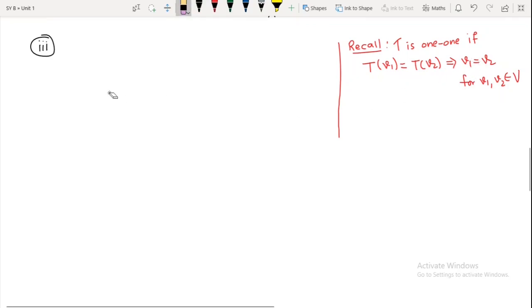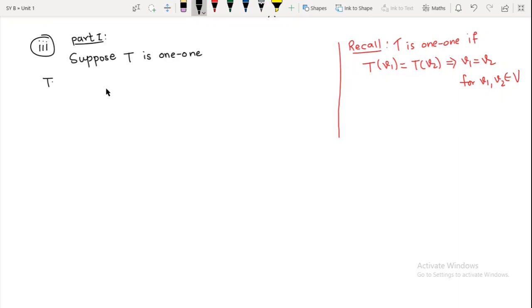Okay. Now I will write here, this is part 1, that is the if part. Suppose T is 1-1, and what I have to prove? I have to prove that this kernel of T is equal to what? Singleton 0. This 0 is of vector space V, so either I can write it like this, or even if I don't write it, it means that it is of V only.